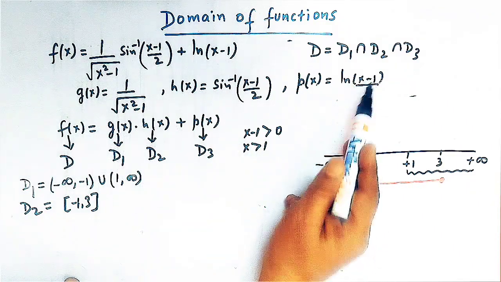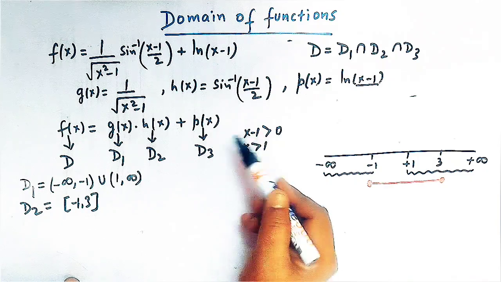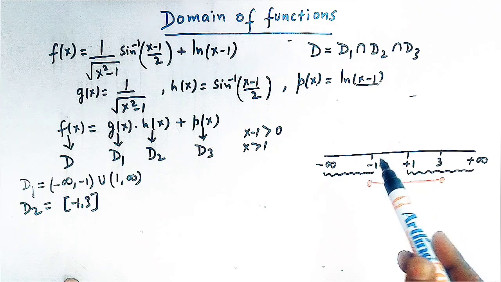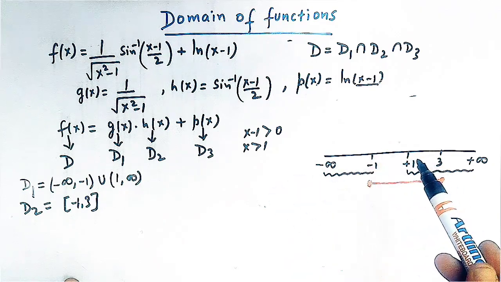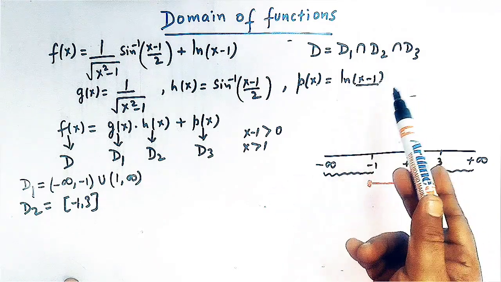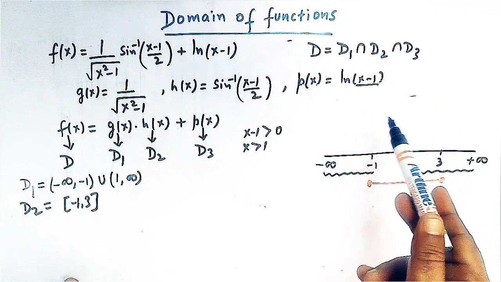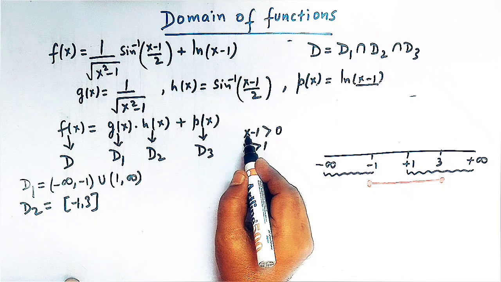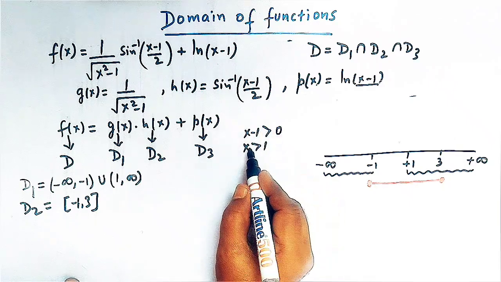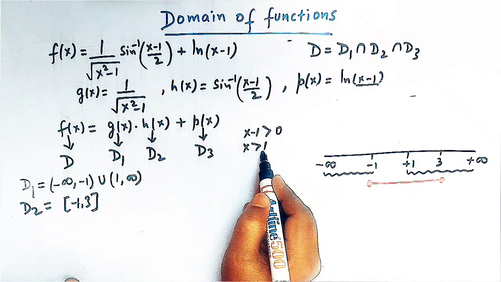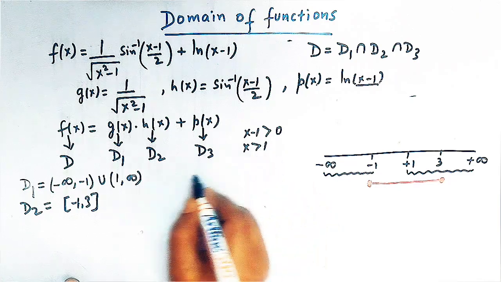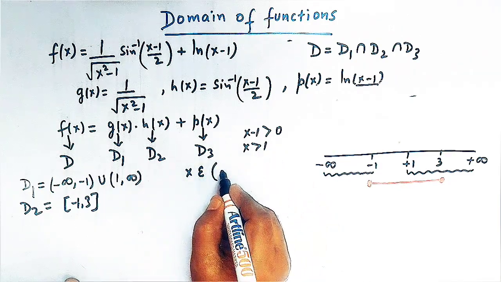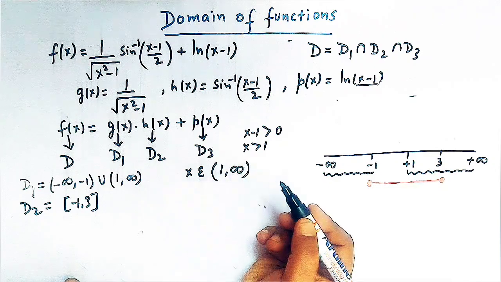So here x minus 1 should be a positive quantity, because the natural log of positive quantities are defined in the set of real numbers, and the log of negative quantities are defined in the set of complex numbers. So here x minus 1 should be greater than 0. So solving this inequality, we have x greater than 1. So this implies that x should belong to this interval, that is from 1 to infinity, right?